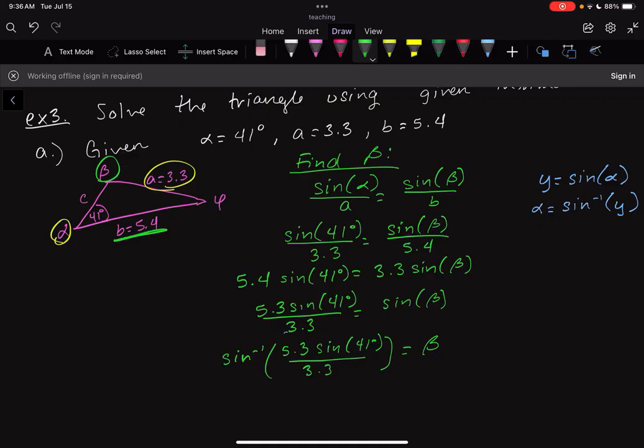Now, if you do this, which if you have a calculator with you, I really would recommend doing it right now before I tell you what's going to happen. What's going to happen here is you're going to get an error.